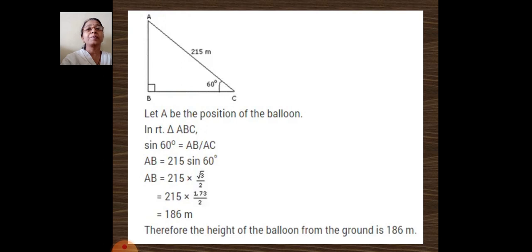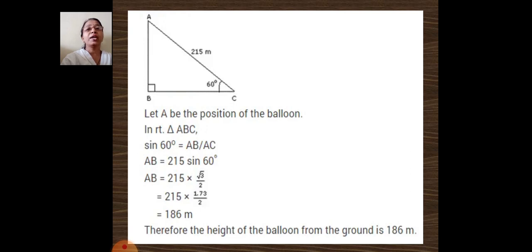Now this time the hypotenuse is given to you and you have to find the length of the opposite side. So opposite upon hypotenuse is which ratio? Sine ratio. So this time you take sine of 60 degree, which is AB upon AC.